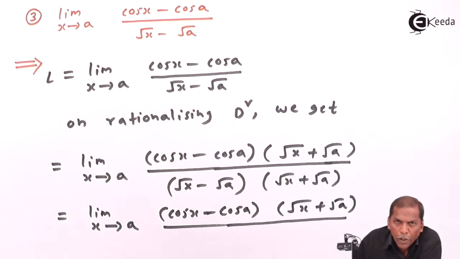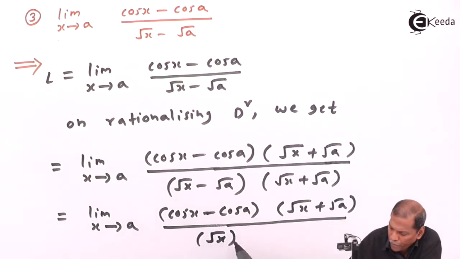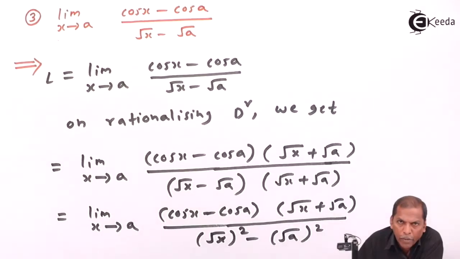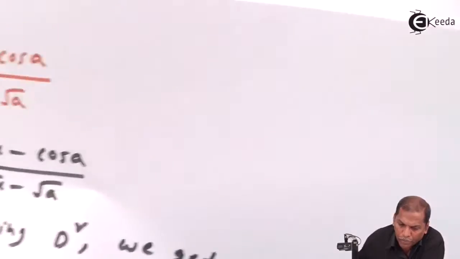Then the denominator is of the type a minus b and a plus b, which gives us a square minus b square. So in the present case, we have root x the whole square minus root a the whole square in the denominator.